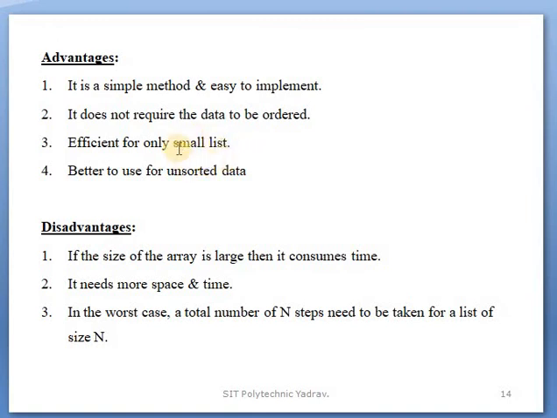In a small list it is efficient, meaning with 5 elements in an array we easily find the element. For example, if your number is 100 or 200, then 200 comparisons are used, meaning 200 times you check element by element sequentially in that array until the number is found. So it is efficient only for a small list.